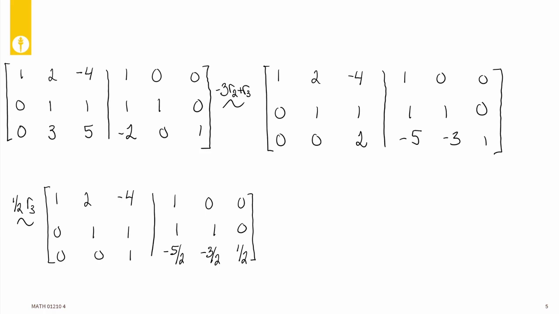We now kick into the second part. What should we do now? Negative row 2 plus the other. Or negative row 3 plus.